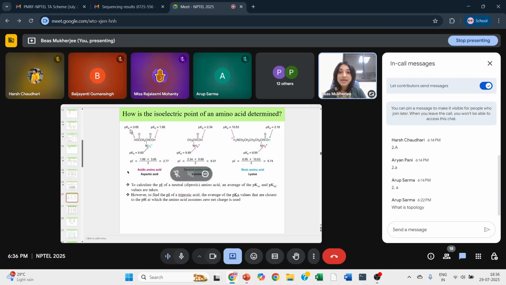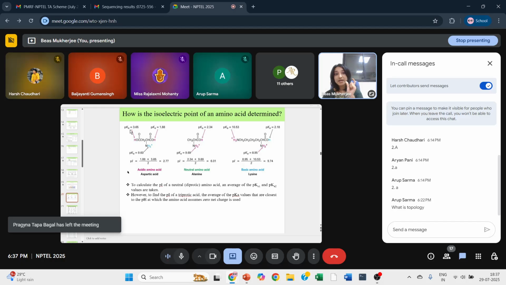Then at pH 4, the alpha COOH group loses H plus, and your charge is now 2 minus and 1 plus, so that is -1. So initially the charge was 0, now it is becoming -1, and then as you increase the pH, at pH 10, it is going to become -2, because this NH3 plus is losing its H plus, becoming NH2. So before pH 2, the charge was +1. After pH 2, the charge is 0.